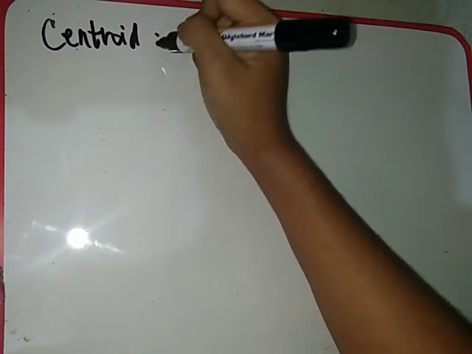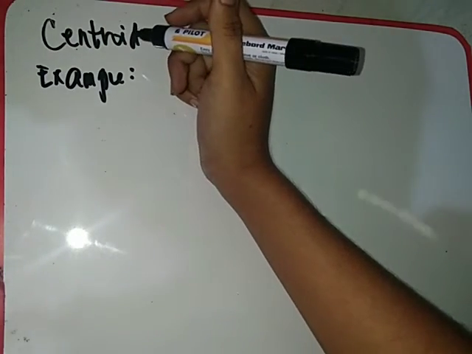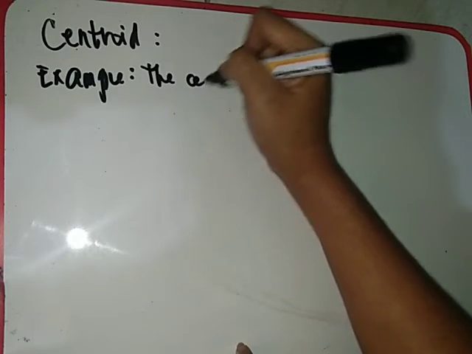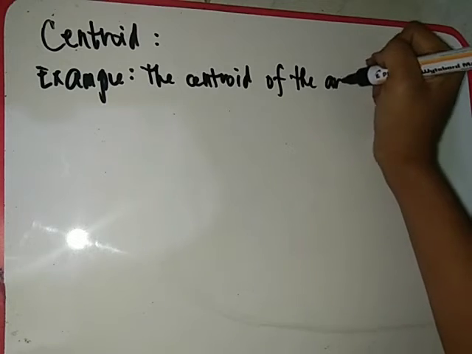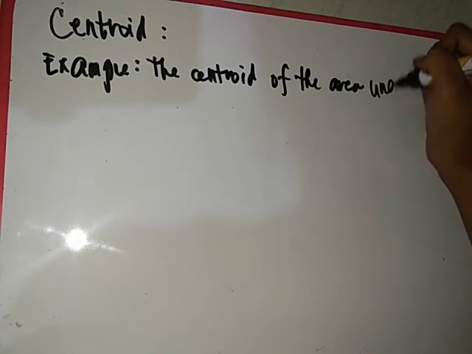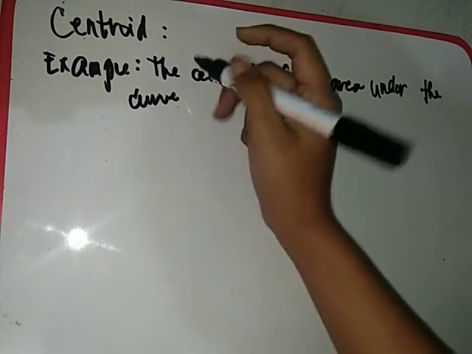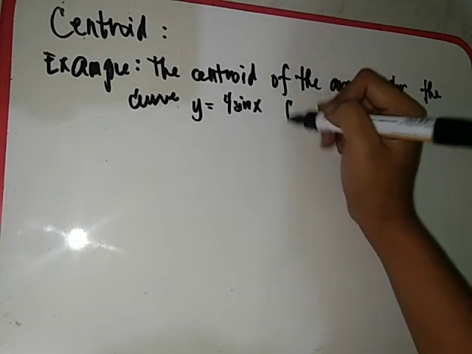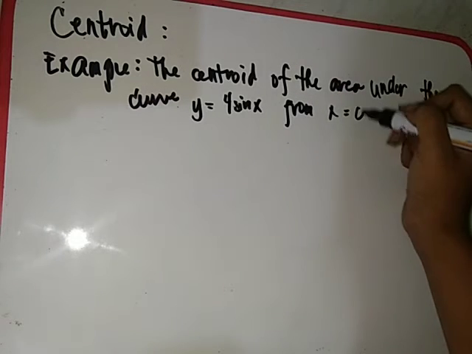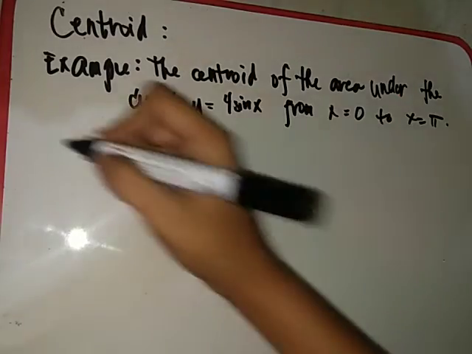So we have an example: the centroid of the area under the curve y is equal to 4 sine x from x is equal to 0 to x is equal to pi.